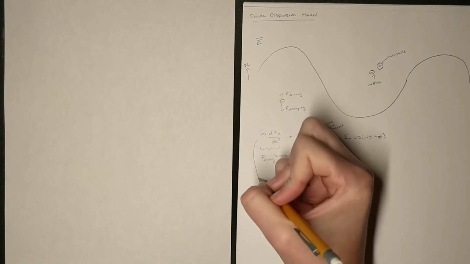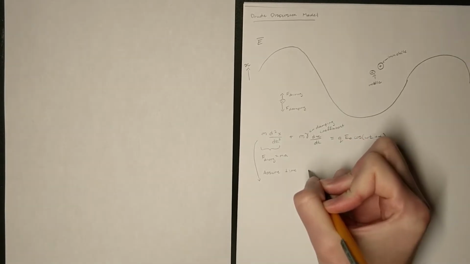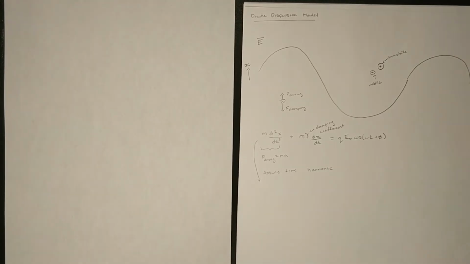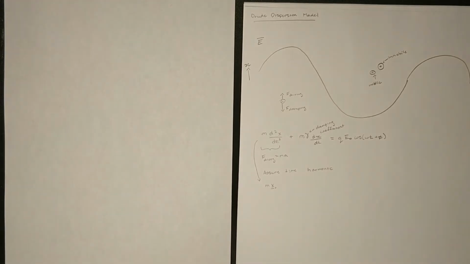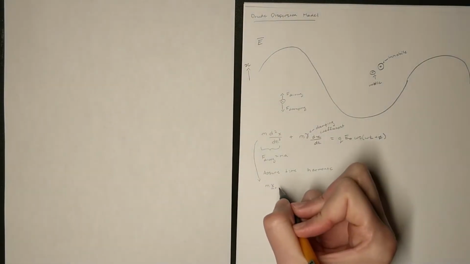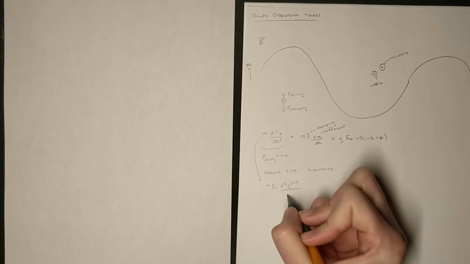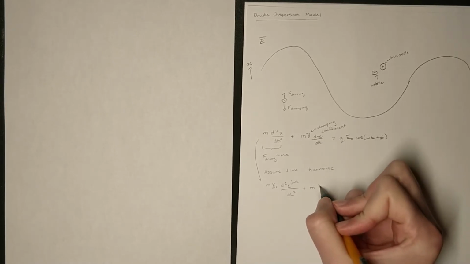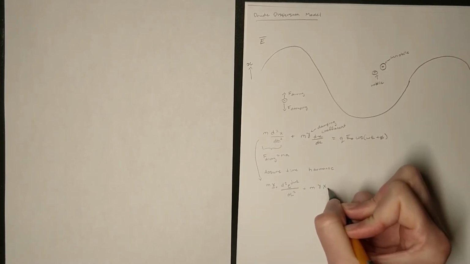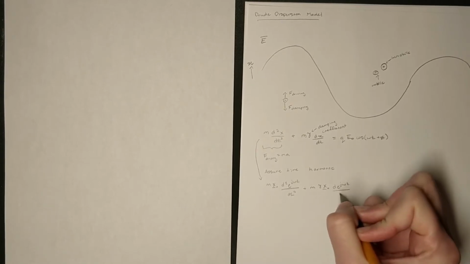Now when we assume time harmonic, we can write this equation in a simpler form as m times our magnitude of position x naught phasor times the second derivative of e to the j omega t over dt squared, plus the mass times the damping coefficient times our x naught phasor again, times the derivative of e to the j omega t over dt.